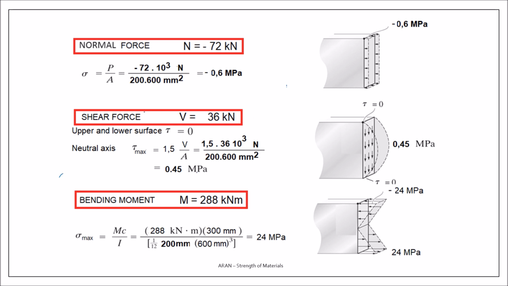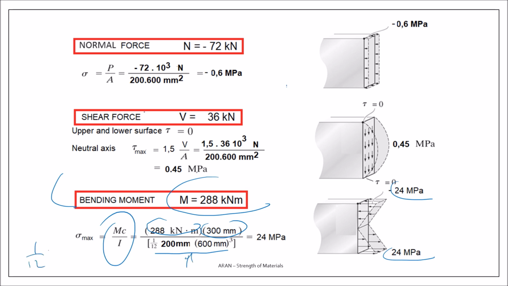Next, bending. Well, this is my bending moment. It causes negative upper, positive lower. The maximum value is the moment times the distance from the neutral axis, over the moment of inertia, 1 over 12 bh cubed.